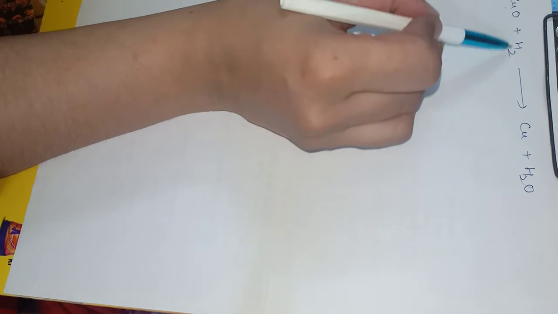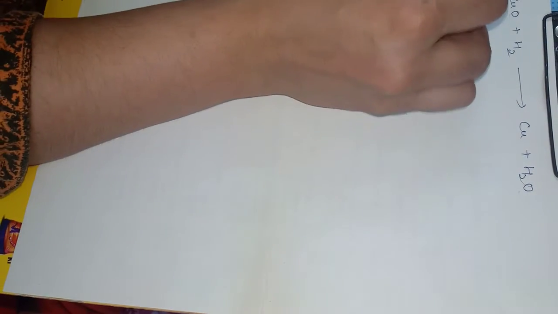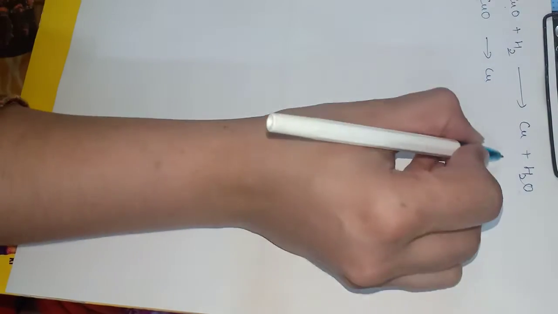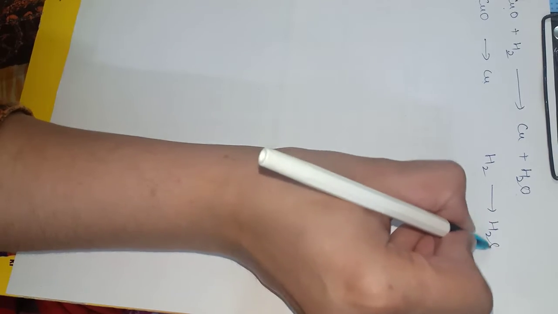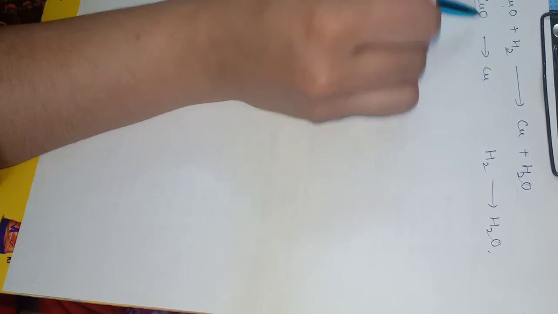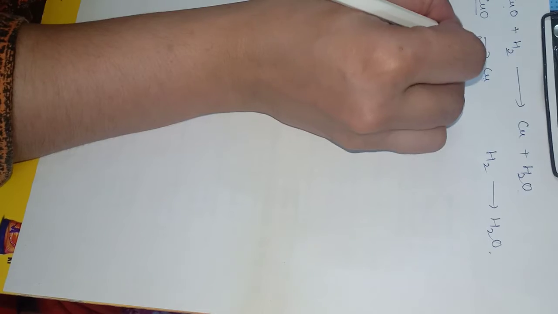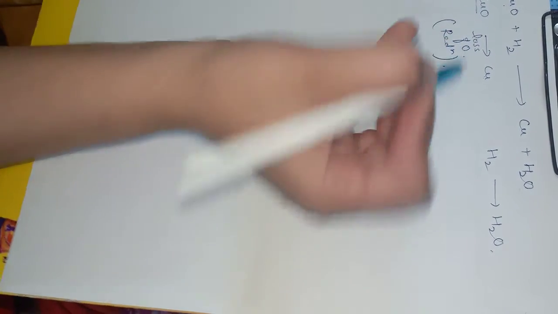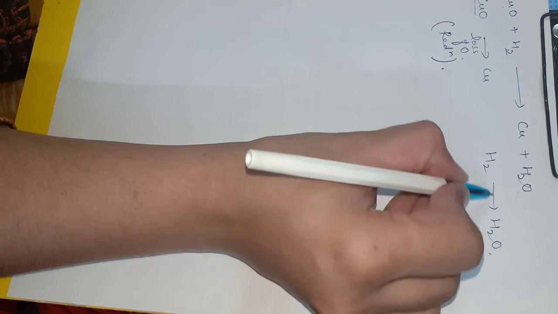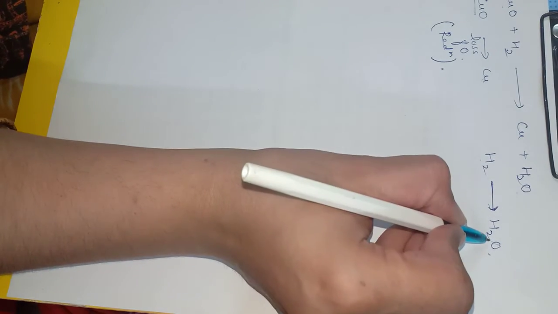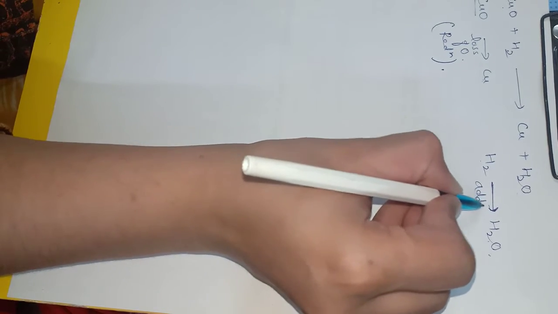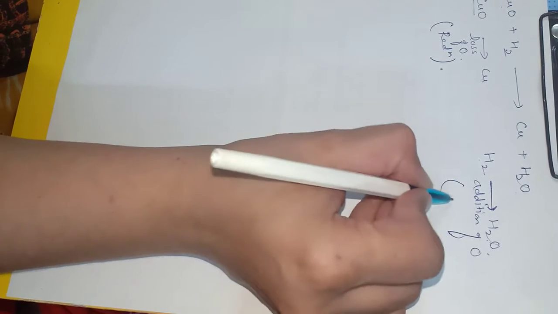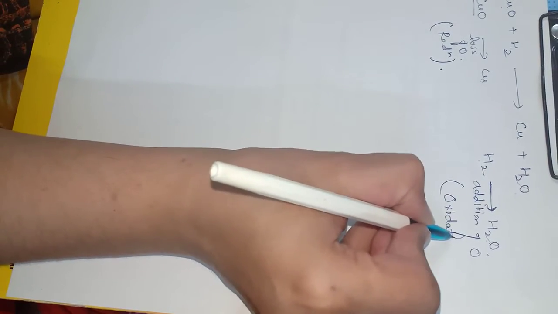Now next is CuO plus H2 gives Cu and H2O. Here we know CuO converts into Cu and H2 converts into H2O. CuO converting into Cu means loss of oxygen, and loss of oxygen is reduction. H2 converting into H2O means addition of oxygen, and addition of oxygen is oxidation.